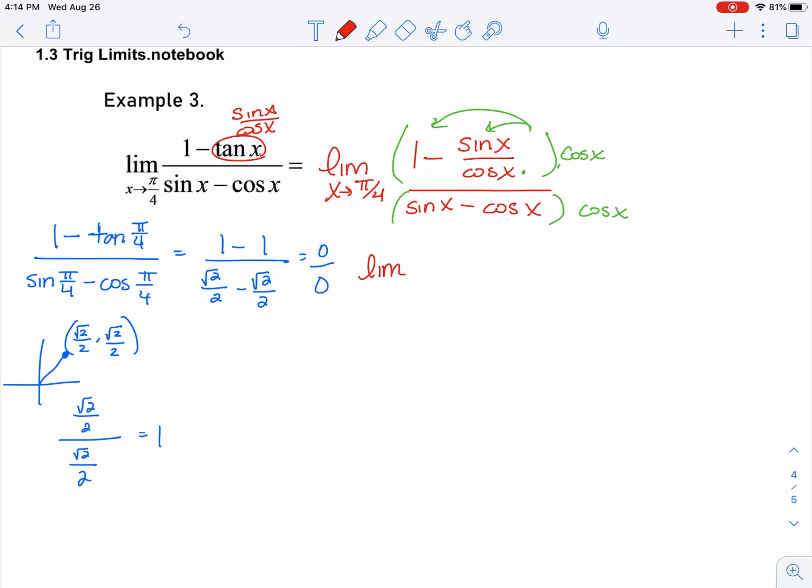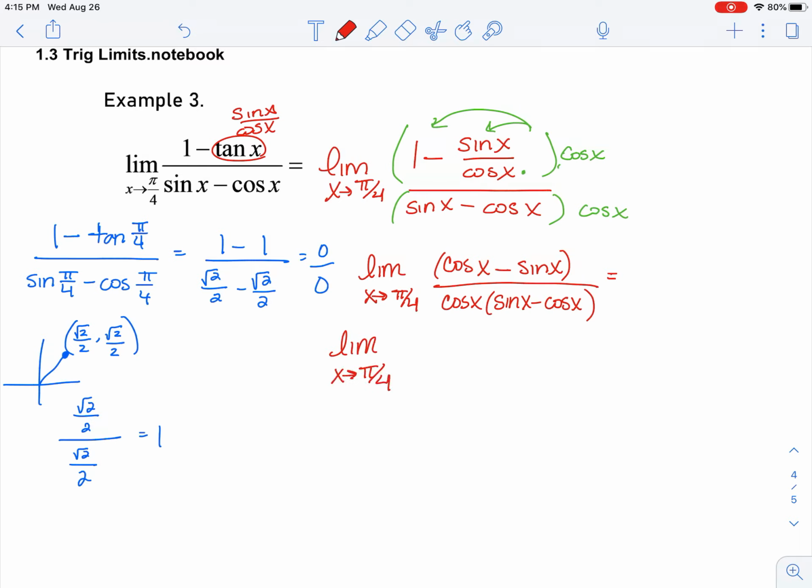And so we have the limit as x approaches pi over 4. Then on the top, I have cosine x minus sine x over cosine x times cosine x. The cosines cancel to give me sine x, which was the purpose of doing that, over cosine x times sine x minus cosine x. So those two subtraction terms are opposites. That means if I take a negative out of one of them, then they will be the same.